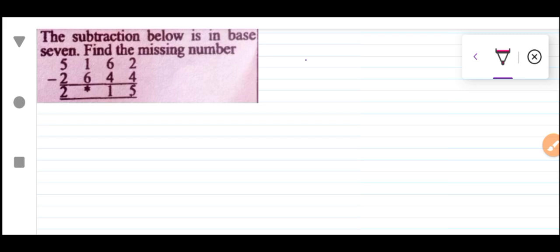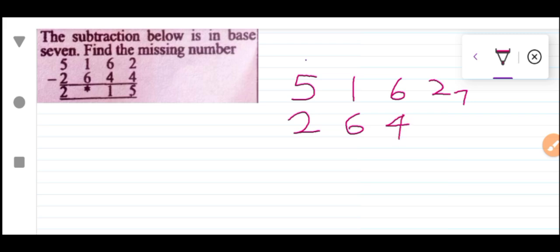This is another beautiful question. It says, the subtraction below is in base 7. So take note. Find the missing number. So we have 5162 in base 7, and 2644 in base 7.